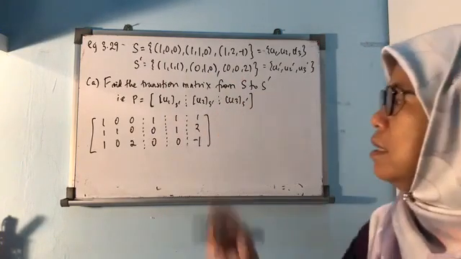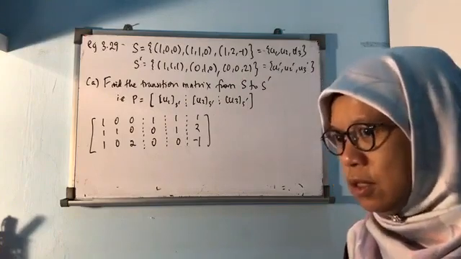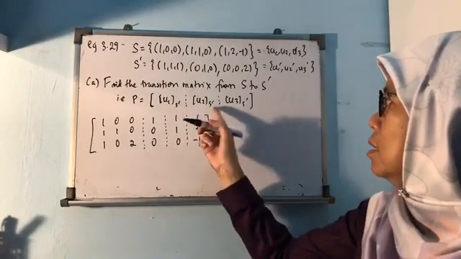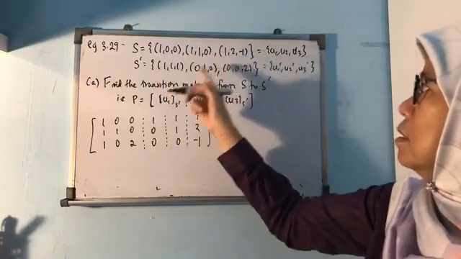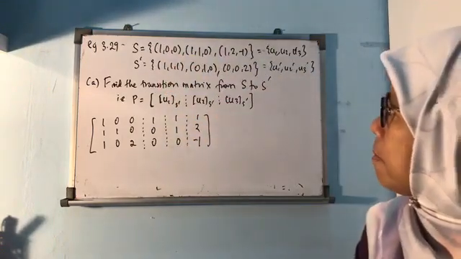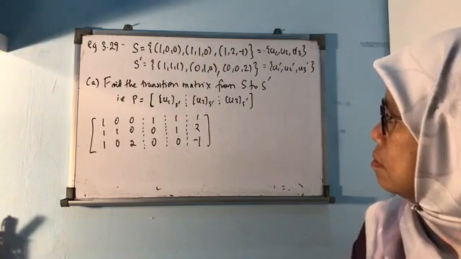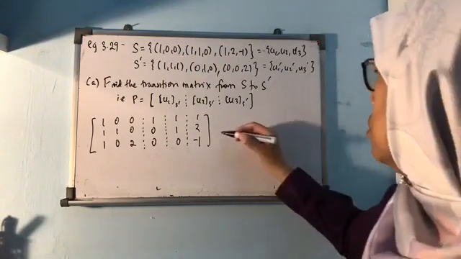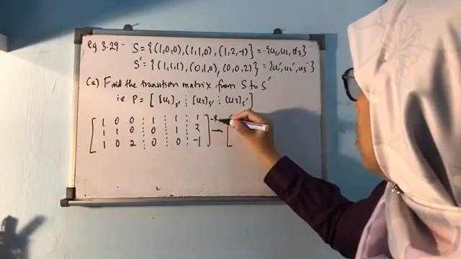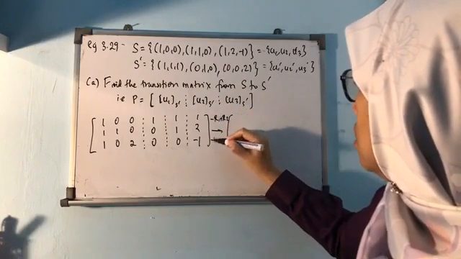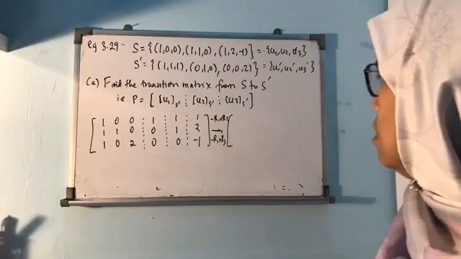Instead of writing this 3 times, I do it just once, because this means you write each of these in terms of this. Just reduce this: negative row 1 plus row 2, negative row 1 plus row 3.